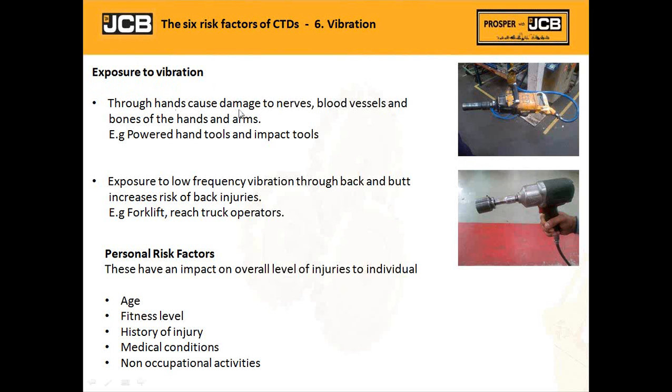Vibration through the hands can cause damage to nerves. It can cause damage to blood vessels and bones of the hands and arms, and this can come from the different types of pneumatic tools being used. And even exposure to low frequency vibration can cause ergonomic risk to the back of the person. It can cause back injuries.